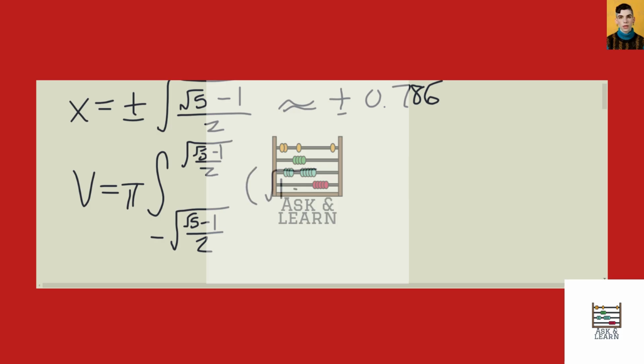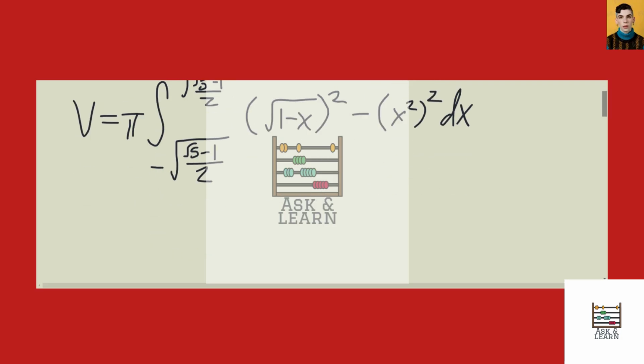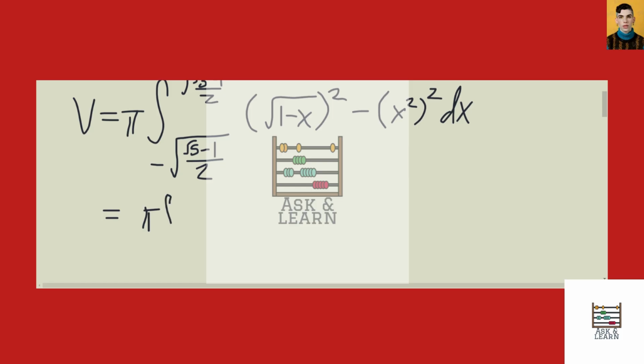This is the square root of 1 minus x squared, minus our inner radius x squared, squared, dx. And so simplifying, this is pi times the integral from negative square root of root 5 minus 1 over 2 to square root of root 5 minus 1 over 2 of 1 minus x squared.